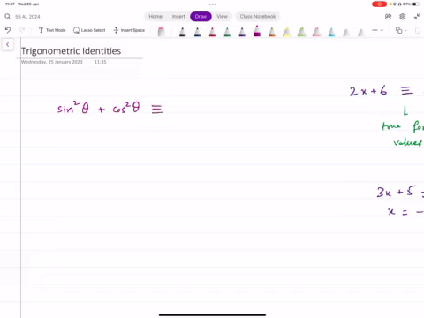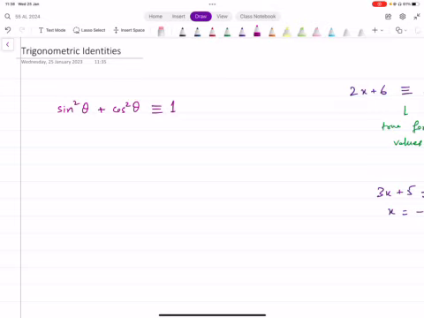This thing is identical to 1. No matter what value of theta you input here, it's always equal to 1. Sine square theta plus cos square theta, this is always equal to 1. All right. This is one identity that we have.